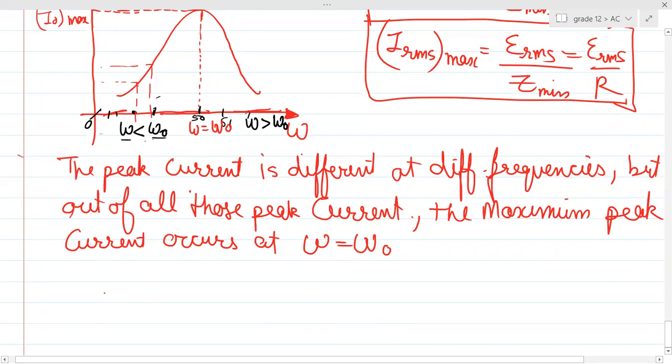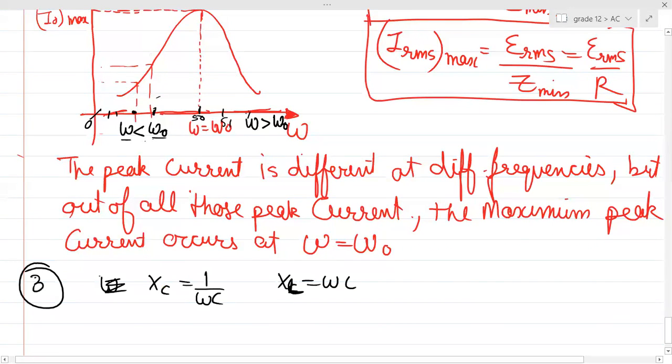We know this particular thing now: XC is equal to 1 upon omega C, and XL is equal to omega L, right? Yes or no, guys? So we know XC is basically this and XL is basically this. Can you see, as omega increases, XL increases and XC decreases.